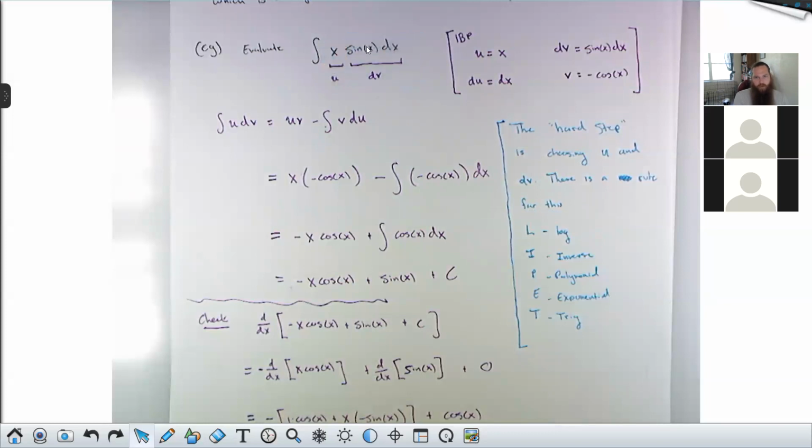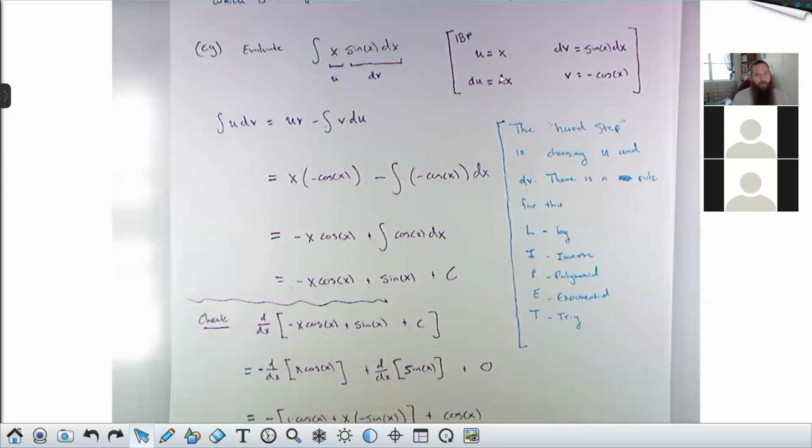Remember, u times dv has to be your whole integral. You have to start with the integral of u times dv. This is called partitioning. When you take a set and split it into multiple pieces, which together form the whole set, it's called a partition. We partition the integrand according to the LIPET rule, where you run down this list, and the first time you see something that's on this list, you make that thing u, and you make everything else dv.